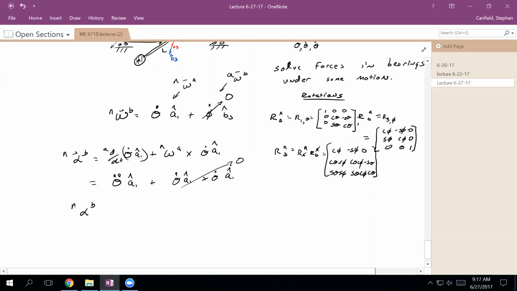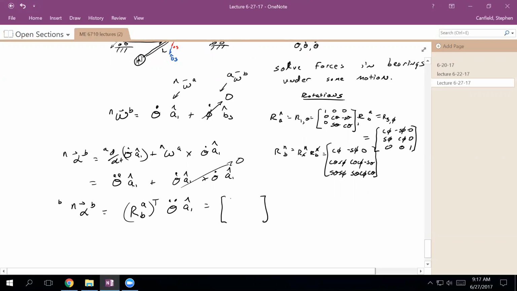Now I'm going to write the angular acceleration of B to N, but I'm going to write it in B-frame coordinates. So I need to pre-multiply this thing with a projection from A back to B. I have a projection of B onto A, so I'll take the transpose of this thing times theta double dot A1.